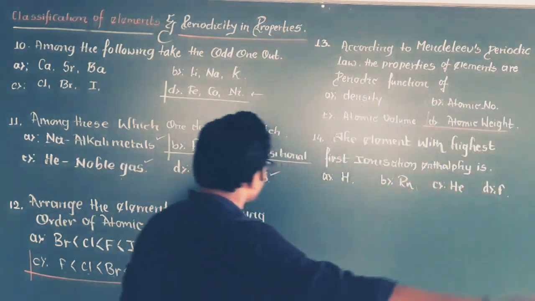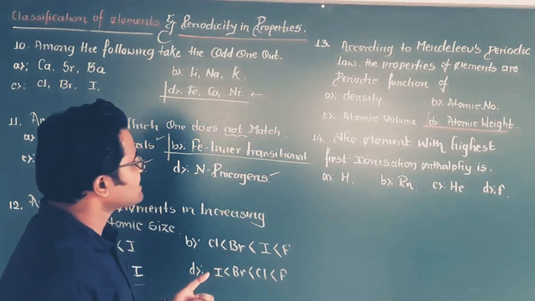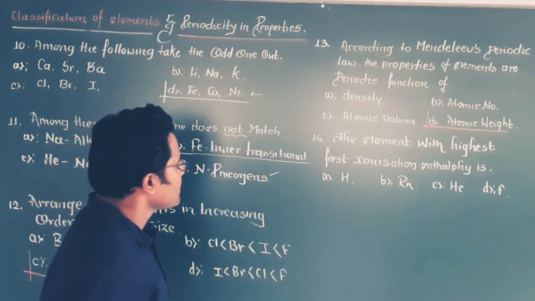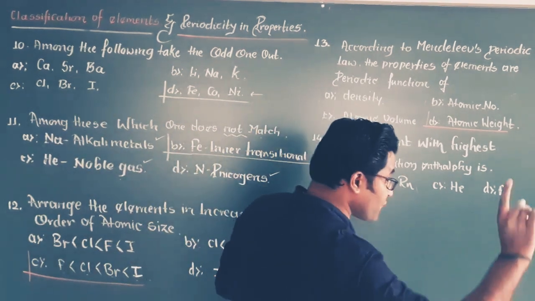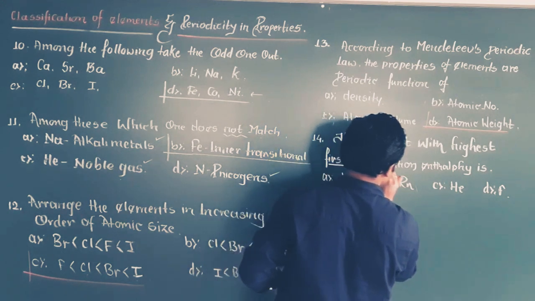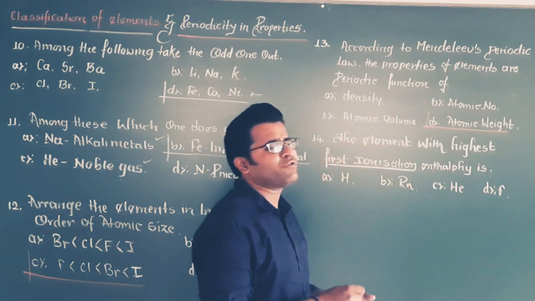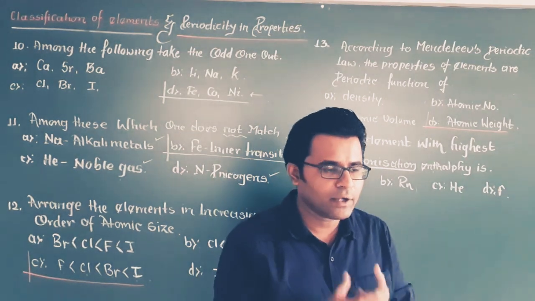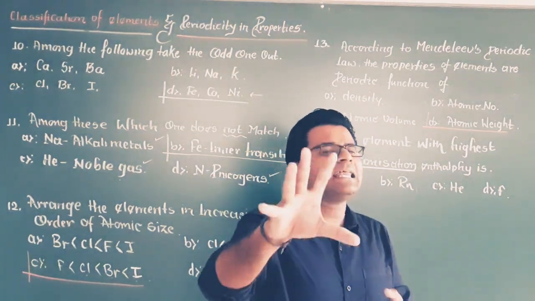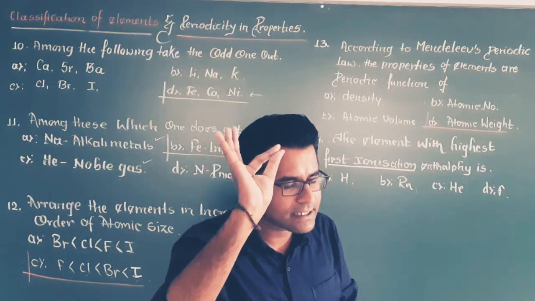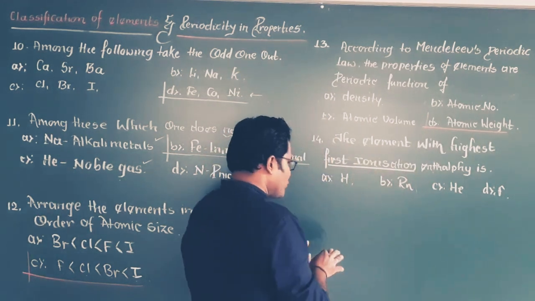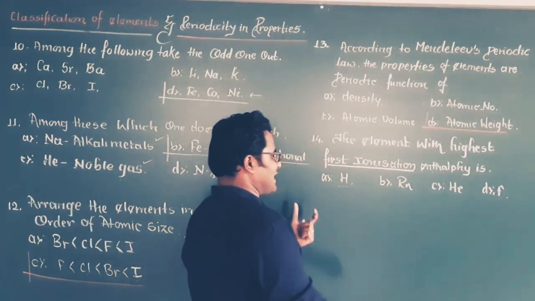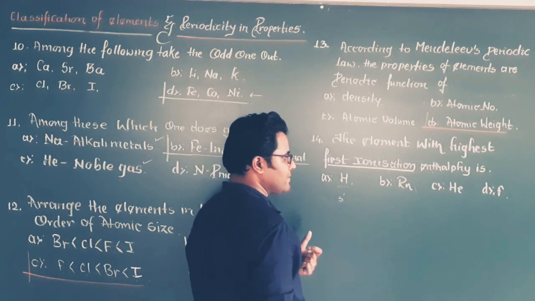Right? So coming forward with the next, that is the 14th question. The element with the highest first ionization enthalpy. They are trying to take out the first electron. So in that case, we need to see that the outermost shell is completely filled and the atomic size is very small. This is a condition. So hydrogen, no, because it has an s1 condition here.